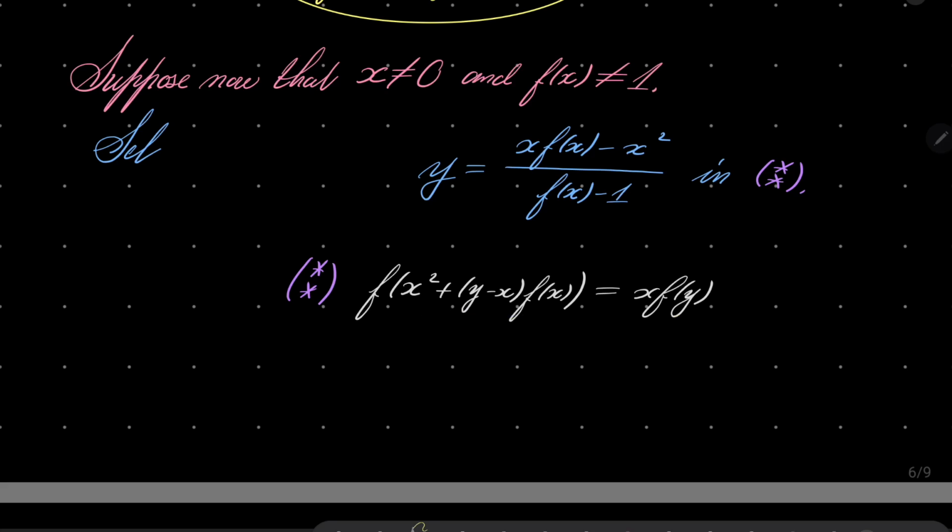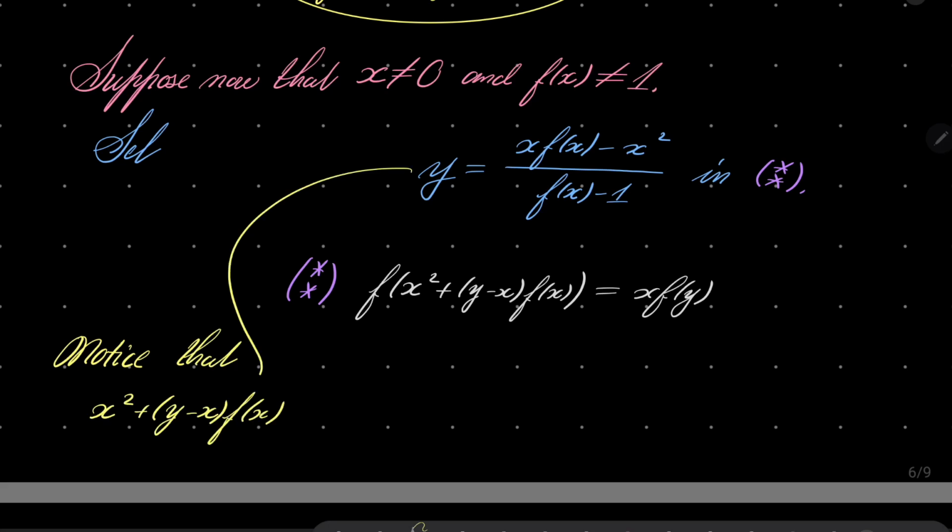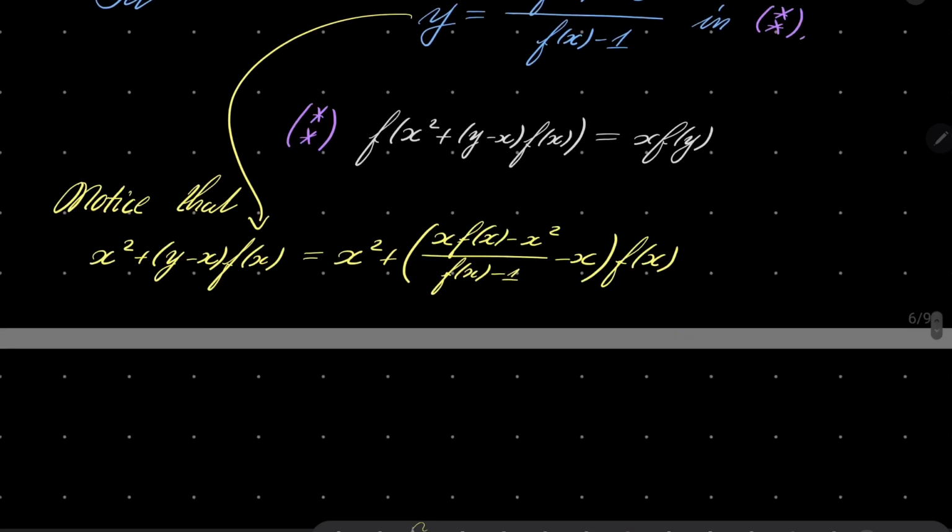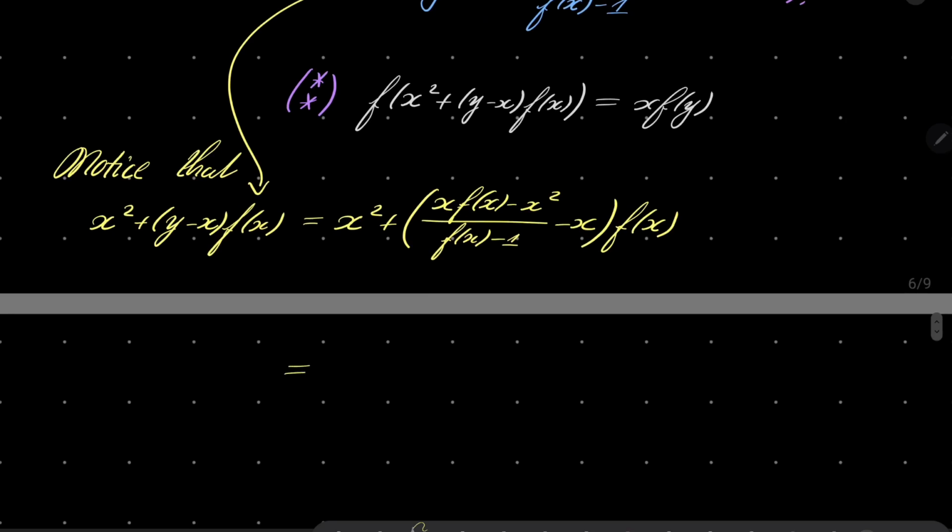Let's verify it. Notice that x squared plus y minus x times f of x, for this argument y, can be written as x squared plus x f of x minus x squared over f of x minus 1, minus x times f of x. Well, it can be rewritten in the following way. Let's make a common denominator.